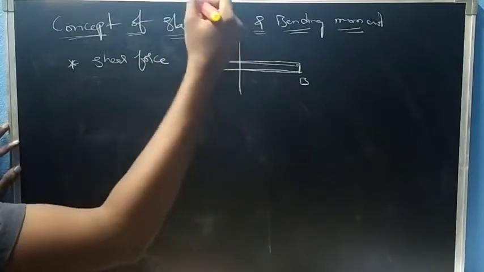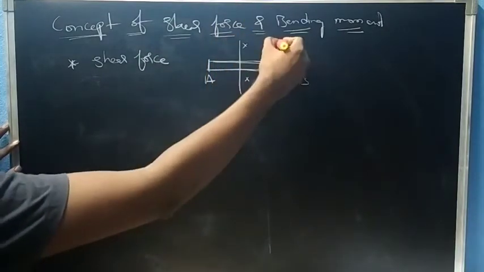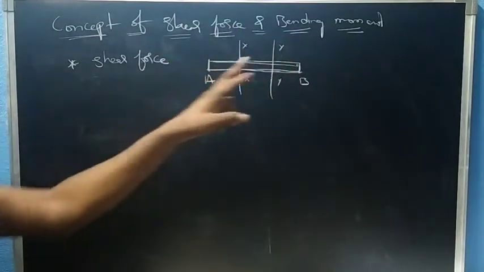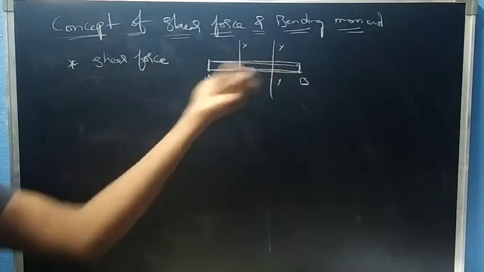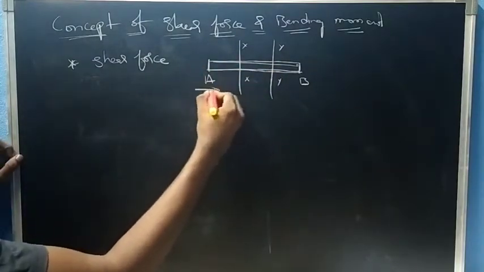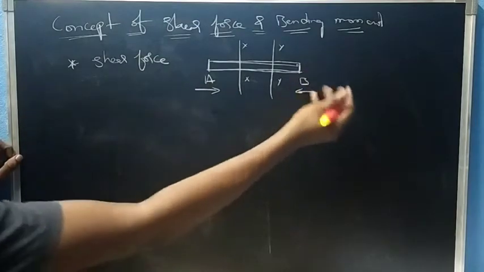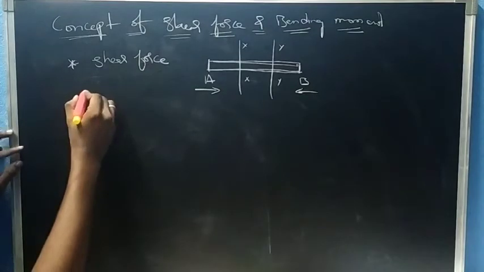Let's say this is a section, XX, and another section is YY. So what is the algebraic sum of forces at this particular point, either from the left direction or from the right direction, right? So I will try to define it here.